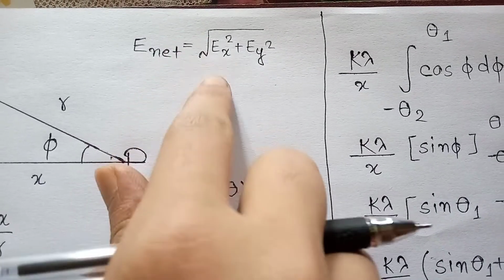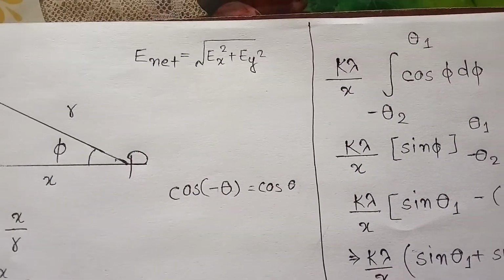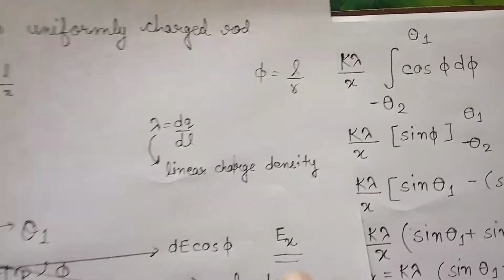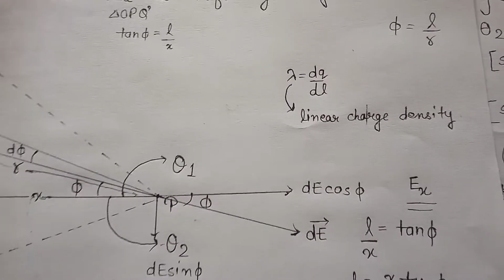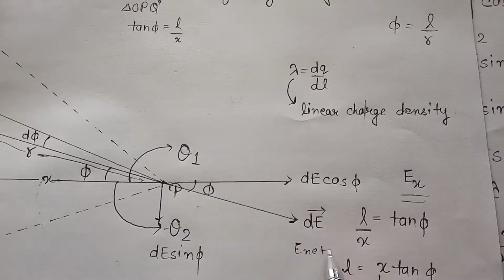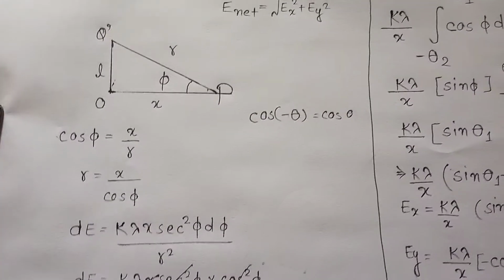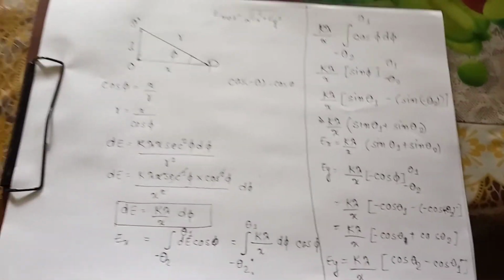E net is equal to under root Ex square plus Ey square. This is Pythagoras theorem, because Ex is on this side, Ey will be on this side, and the whole E net will be on the dE side. So by Pythagoras theorem this can be solved. So this is for today's question.